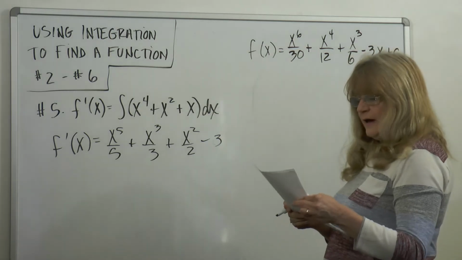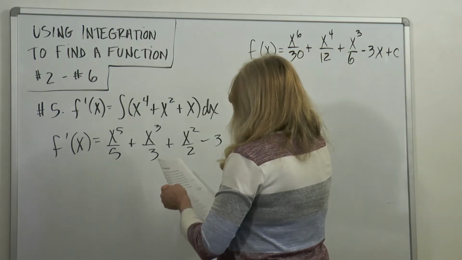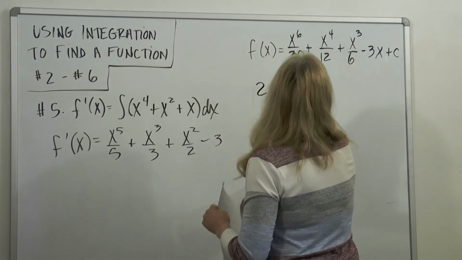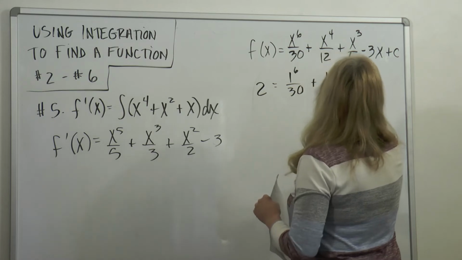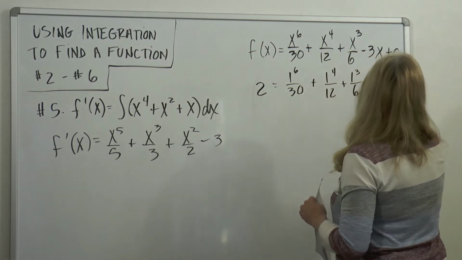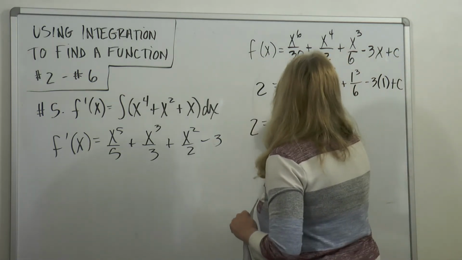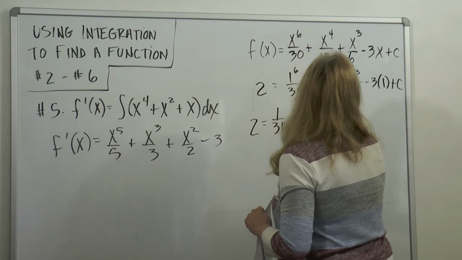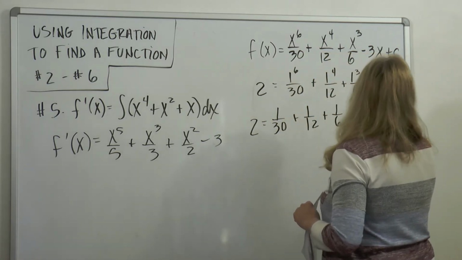Okay, now we're told that f of 1 is equal to 2. So we have 1 to the 6th over 30, plus 1 to the 4th over 12, plus 1 to the 3rd over 6, minus 3 times 1 plus c. That's 1/30th plus 1/12th plus 1/6 minus 3 plus c.